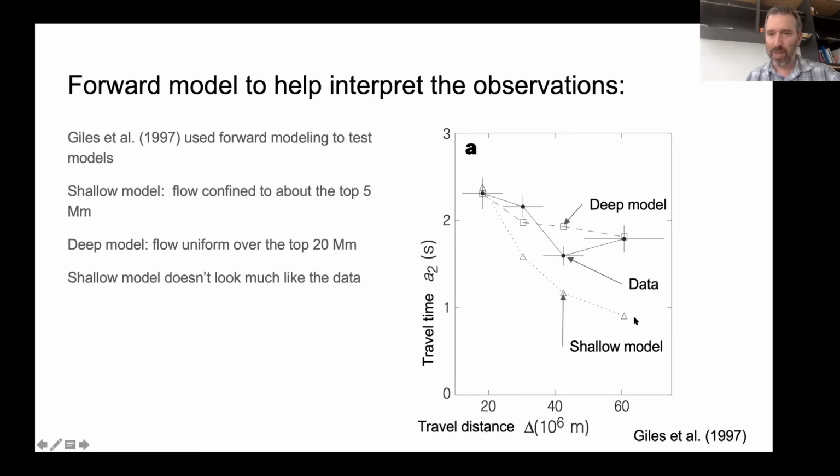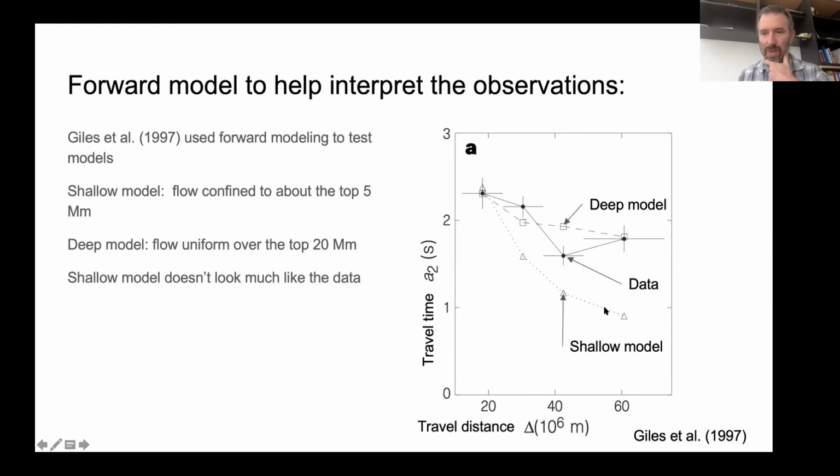So here the shallow model is the triangles, the deep model is the squares, and the observations are the filled circles. And you can understand the difference between the travel times coming from the deep model and the shallow model. Basically, these travel times fall off much more rapidly with the travel distance in the shallow model.